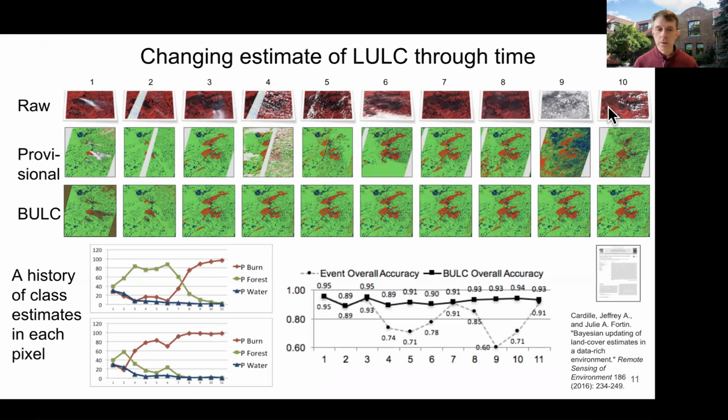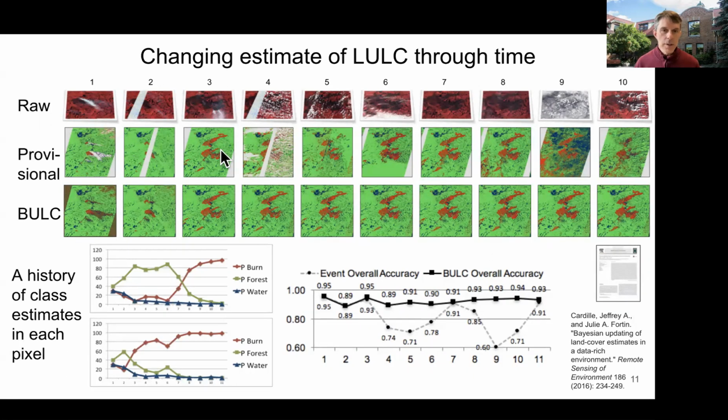This is of a fire in Quebec in 2016, I think. We then make these provisional classifications that we know have errors in them, but we don't necessarily know where those errors are.